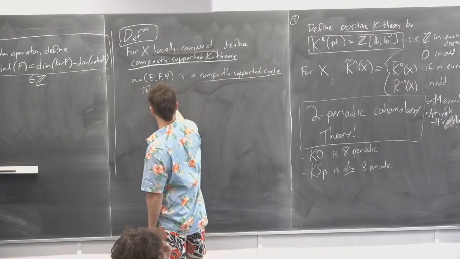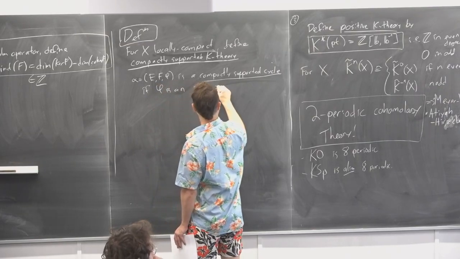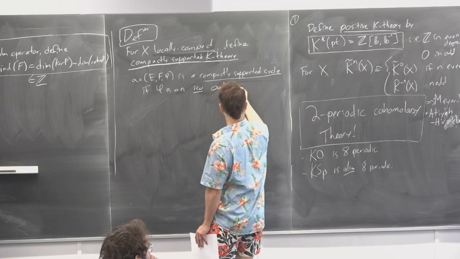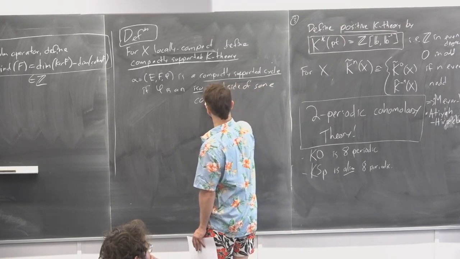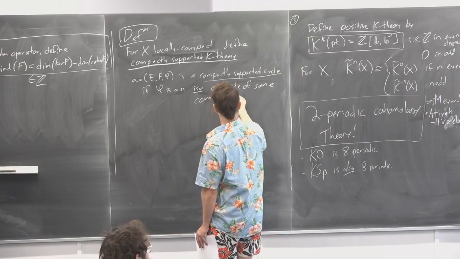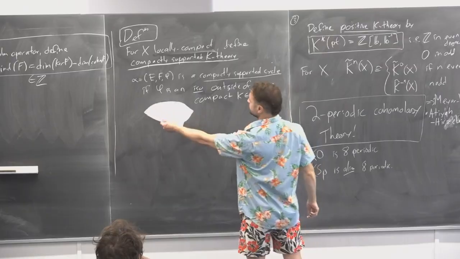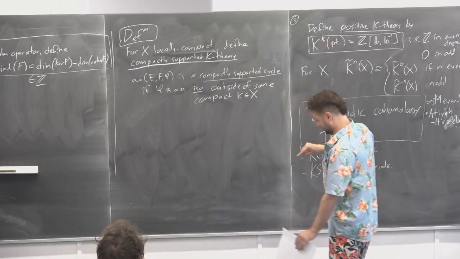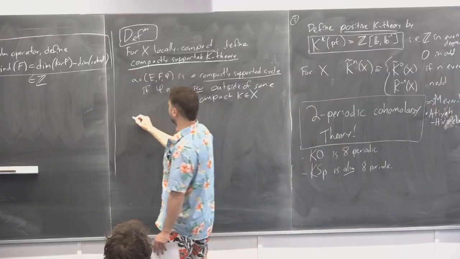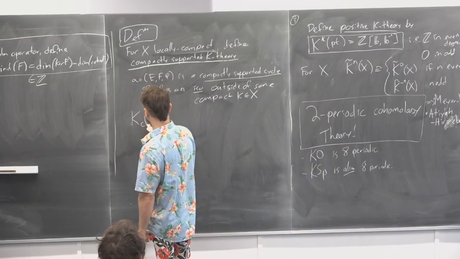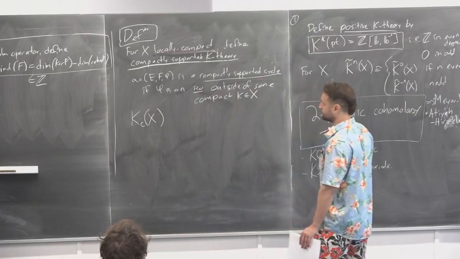If phi is an isomorphism outside of some compact subspace. So the idea is that you have this pair of bundles E and F, and their only difference is over some compact subspace K. And so K sub C of X is analogous to what we had before.